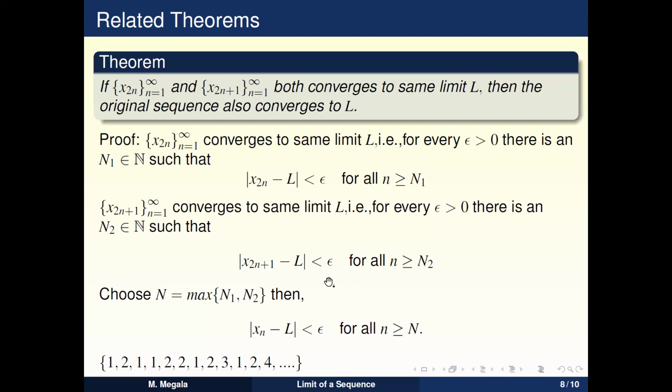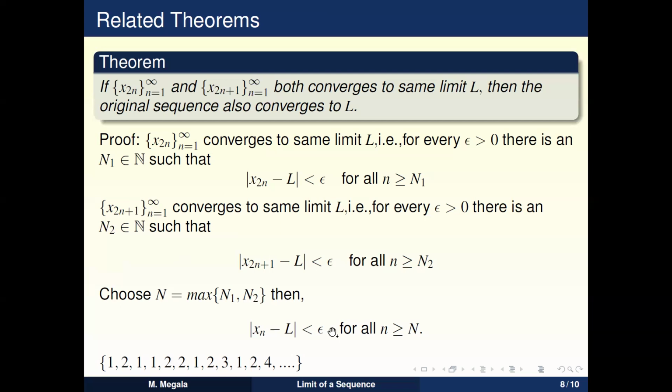Now, if something is true, this inequality for some n1, it is true for bigger than this n1 also. That is what I told in the graph. And this is also true bigger than n2. So if I'm choosing n as the maximum of n1 and n2, both inequalities are true, right?